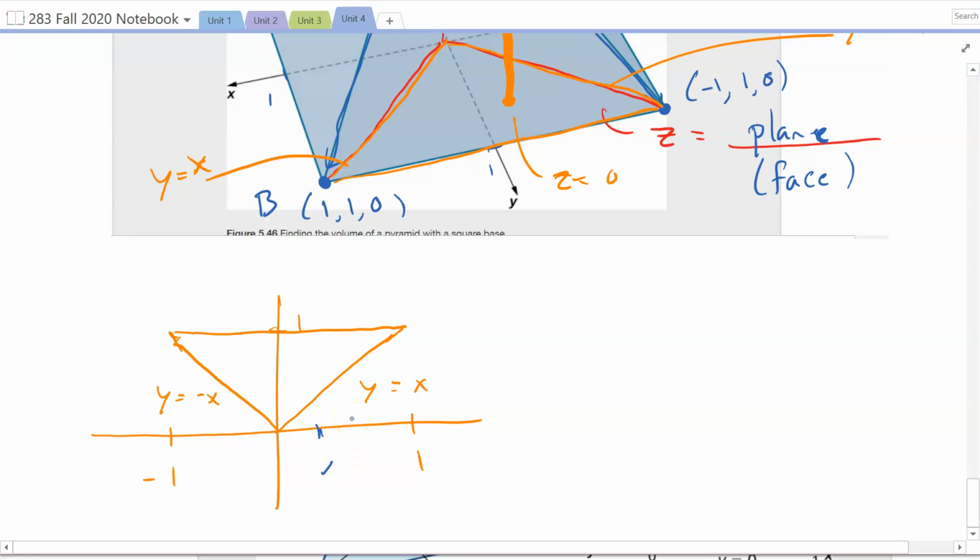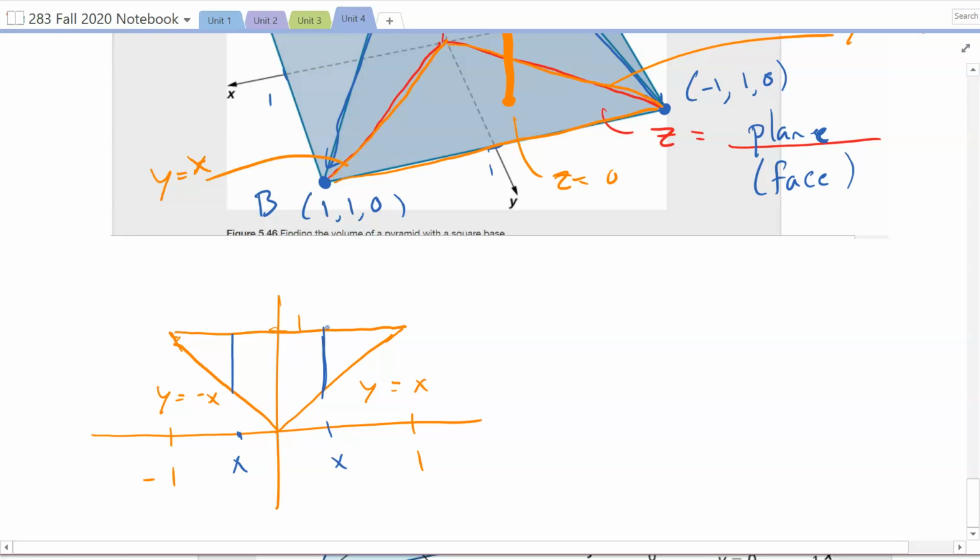Hold on a second. We have to think about how we want to do this problem. Do we want to do it with vertical slices or with horizontal slices? I'm just going to wrap up this video by saying it's going to be better to use horizontal slices, because the bottom changes from y = negative x to y = x as we cross x = 0.